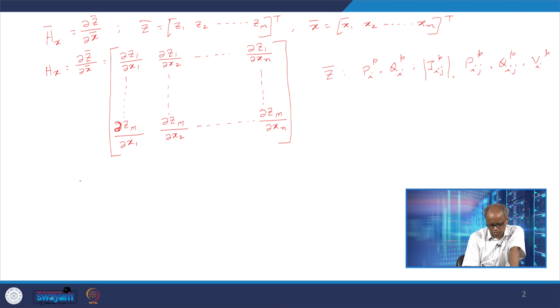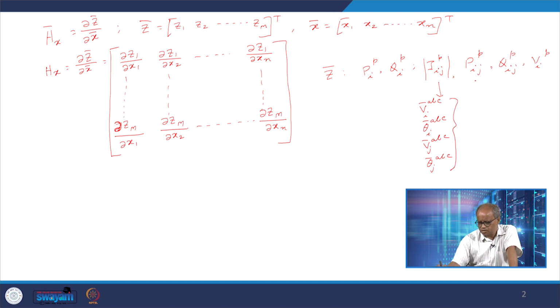From this expression, we said that this is a function of only Vi ABC, theta i ABC, Vj ABC and theta j ABC, and what these vectors are we have already discussed in the last class. Similarly, this is also a function of only these 12 quantities. Similarly, this is also a function of only these 12 quantities.